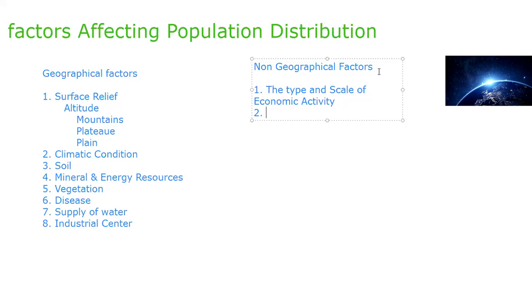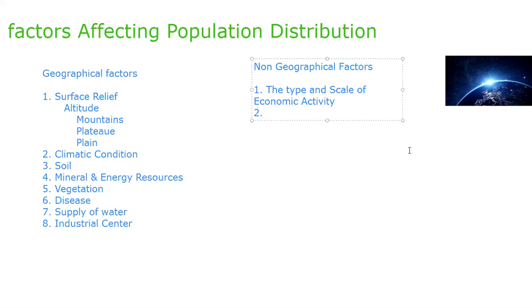So if any area has those primary types of activities, it will not attract a lot of population. But comparatively, if any area has advanced types of economic activity, called tertiary, quaternary and quinary, which we will do in the upcoming chapters, so I'm just mentioning those here.